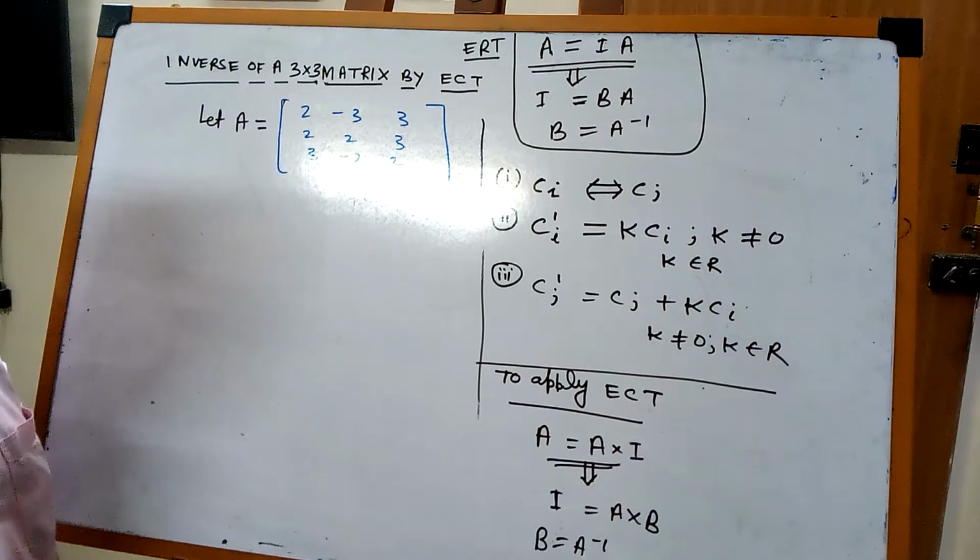But again, before I start anything, I prefer to discuss the theory a little bit. So I'm going to tell you the steps that can be used for finding inverse by elementary column transformation.